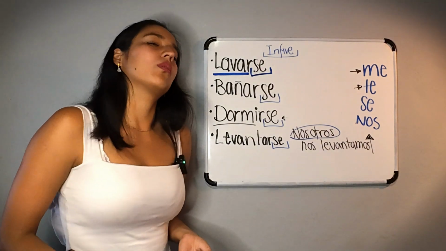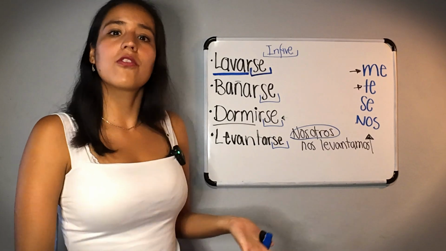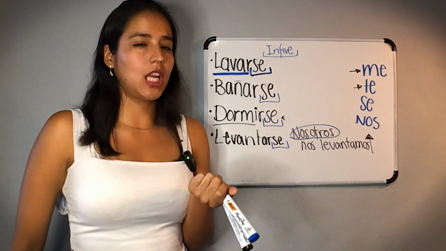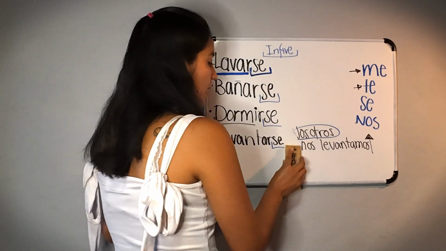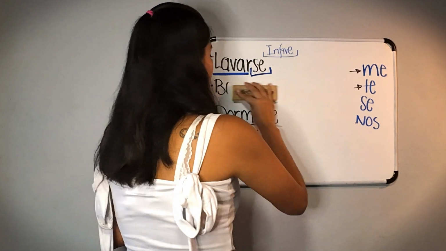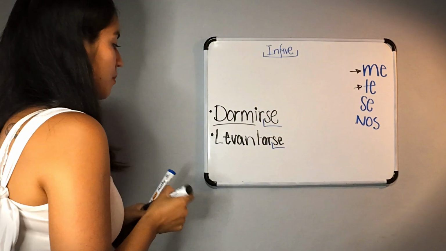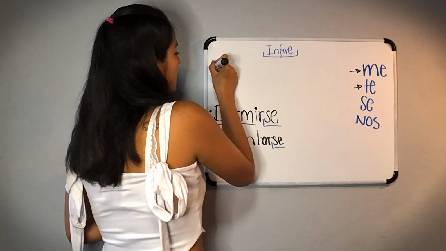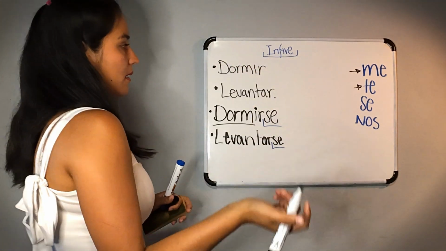So the next question you probably have is, what's the difference if a verb is reflexive or not? Does it change the meaning? Let's see. We're going to keep these two pronouns, and I'm going to show you dormir and levantar in a non-reflexive form.